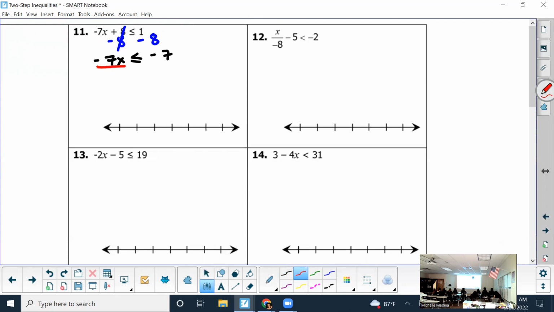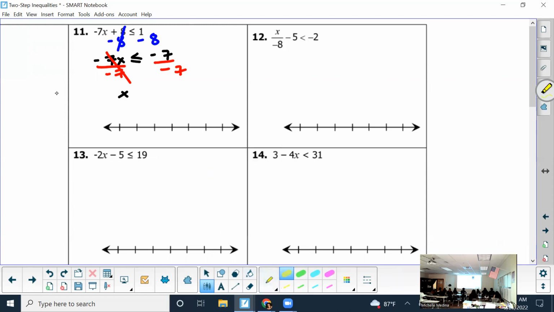Now, whatever you do to one side, you do to the other. Do I have to flip the sign in that instance? Did I multiply or did I divide a negative on each side of the symbol? Good, I divided a negative on each side.